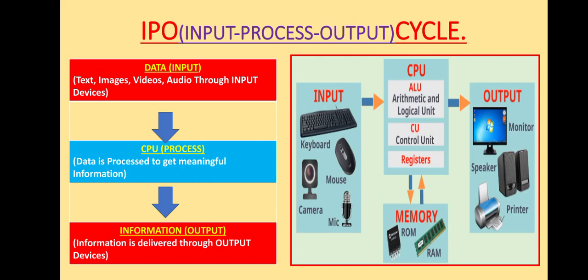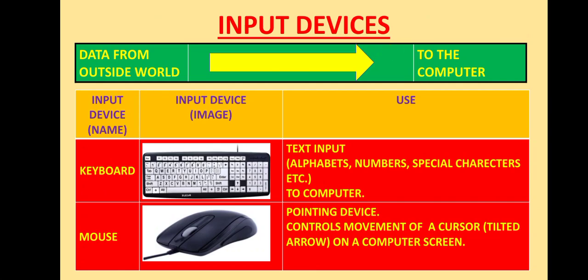So to deliver the information to the user, we need output devices. So this is all about the input, process and output cycle. For every action of the computer, this process is followed. Now in the next few slides, you will learn about different input devices.